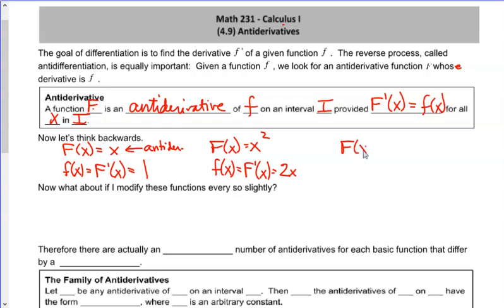And if I have the original function of sine of x, then f of x, the first derivative, is going to be cosine of x. Therefore, sine is the antiderivative of cosine. We are going backwards. Given all of these functions, you now have to yield what the beginning function was.